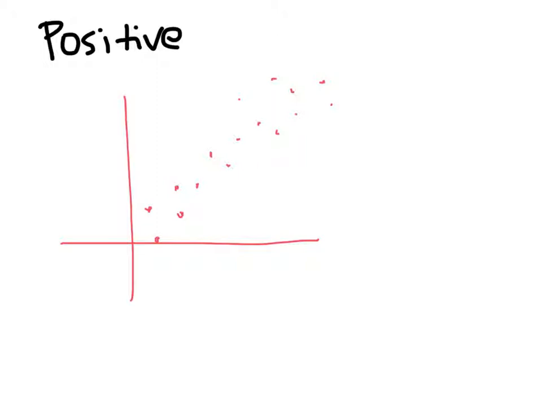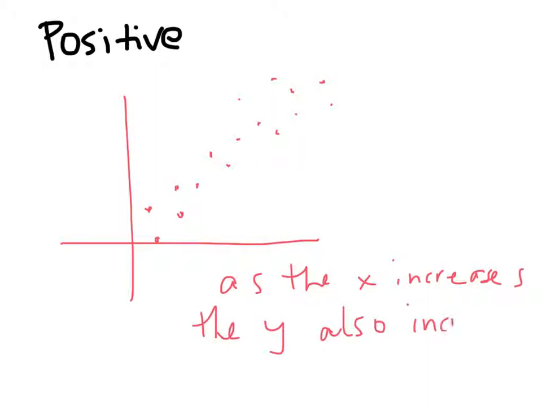Positive correlation means as the x increases, as we go along the x-axis, as the x gets bigger, our y is also getting bigger. So as the x increases, the y also increases.